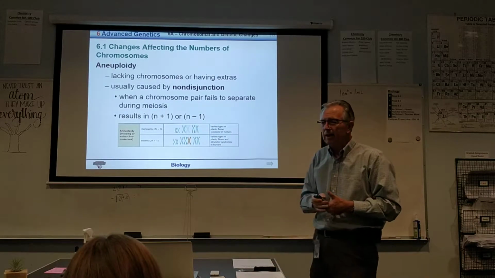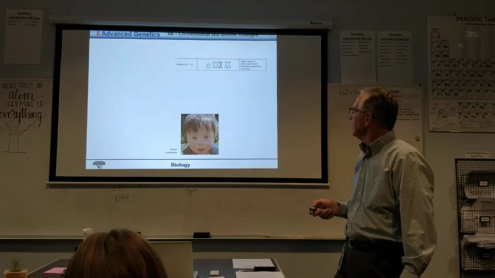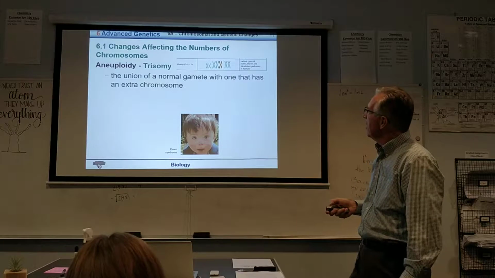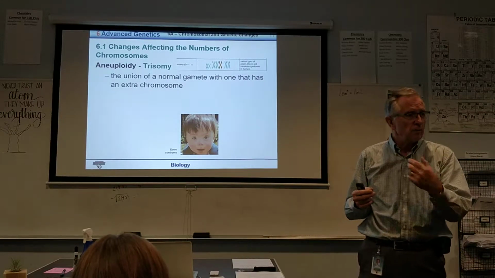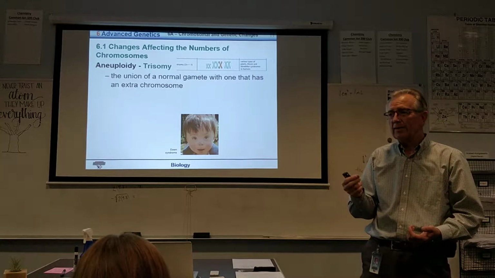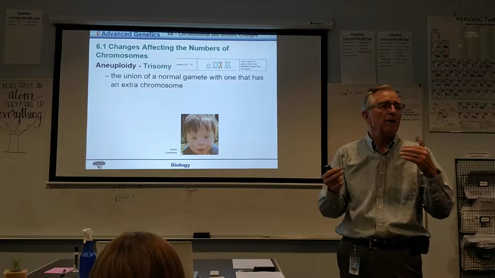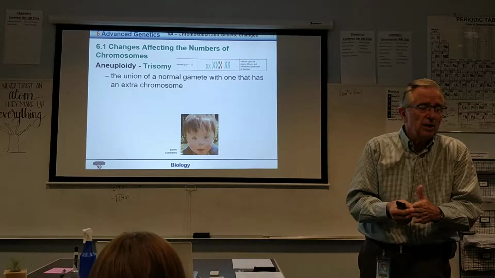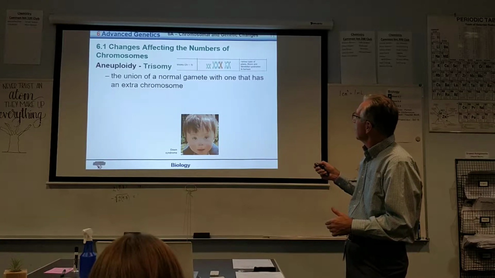Now, how does that affect the organism? How does it affect it? Well, if you have an extra one, in other words, if you received a sex cell that had this extra chromosome and it combined with another normal sex cell, you're going to have this kind of thing going on right here.